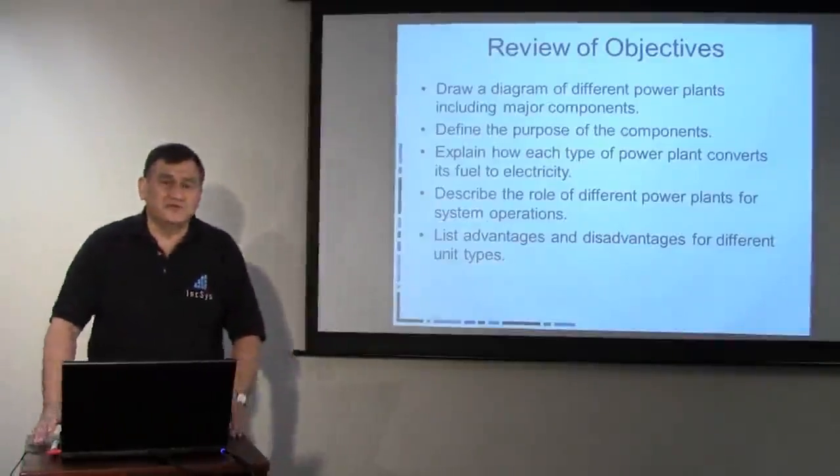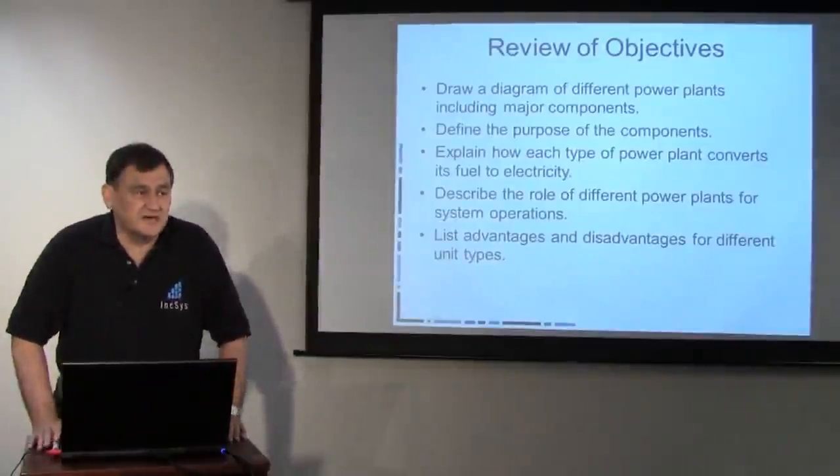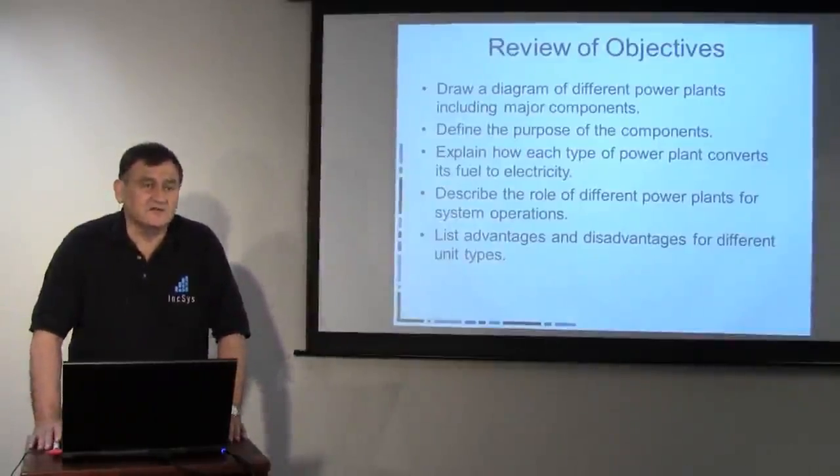So if we review the overall objectives for this entire module, covering the various types of power plants, all the way from coal-fired steam units to combustion turbines, to combined cycle, to nuclear plants, to hydro plants and wind plants. At this point, you should be able to draw a diagram of the different components for each of those types of power plants.